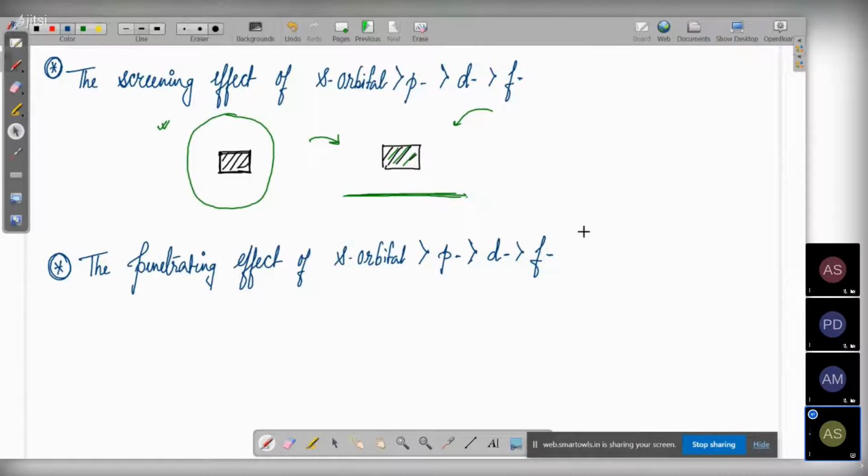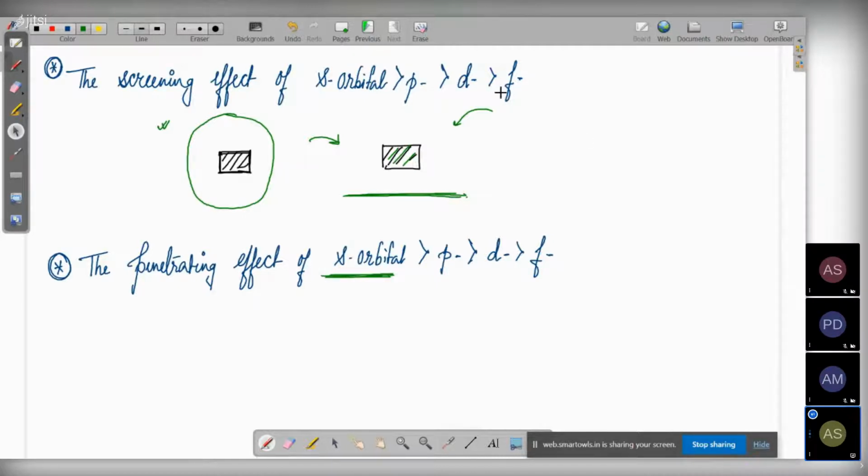Now what is this penetrating effect? The penetrating effect of an orbital is the power of an orbital to penetrate through the screen caused by the inner electron. And for penetrating effect also we see that S orbital has the best penetrating.